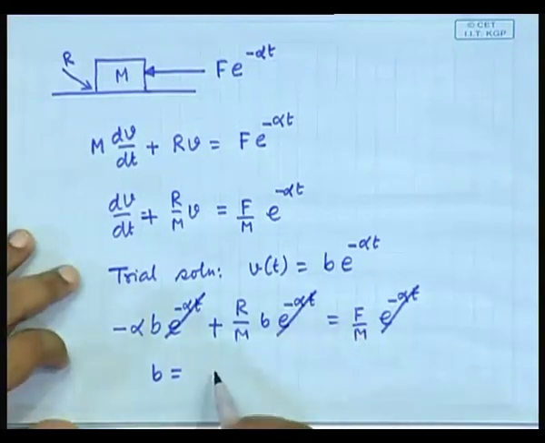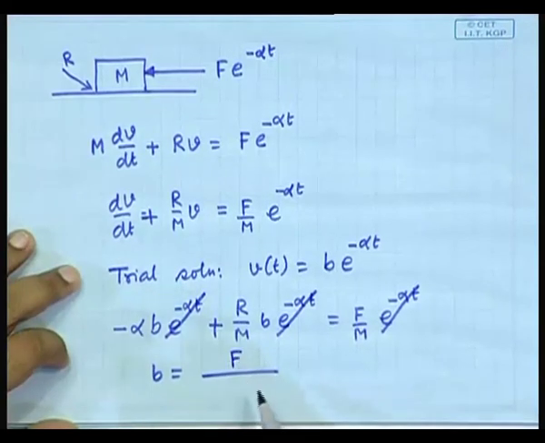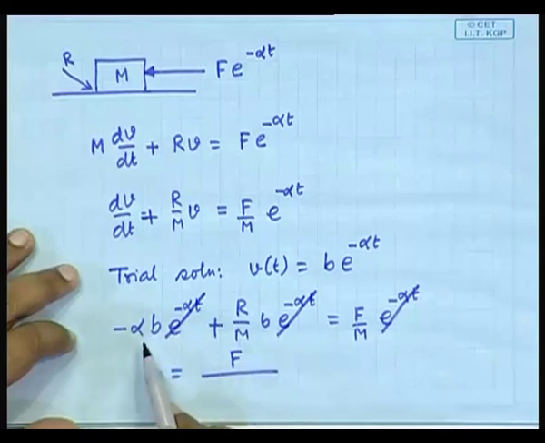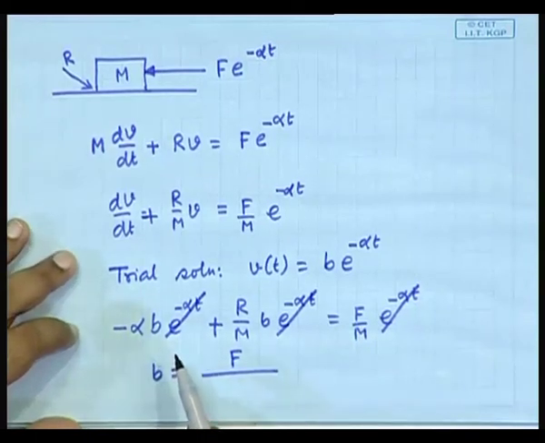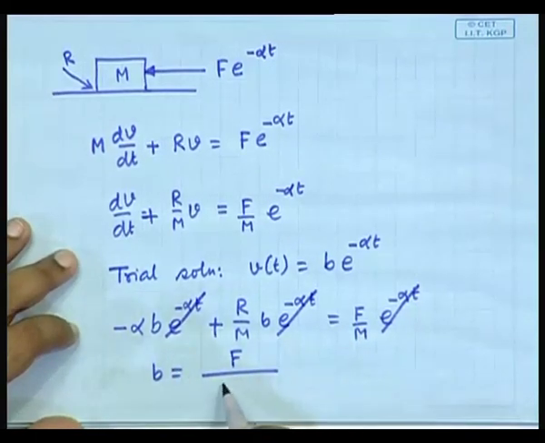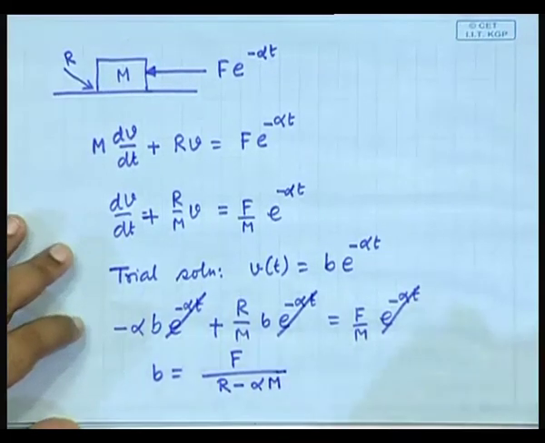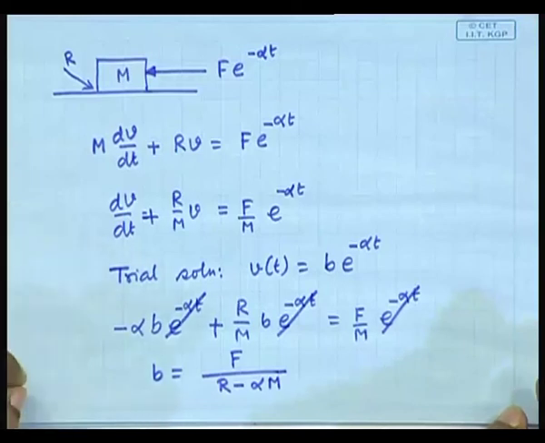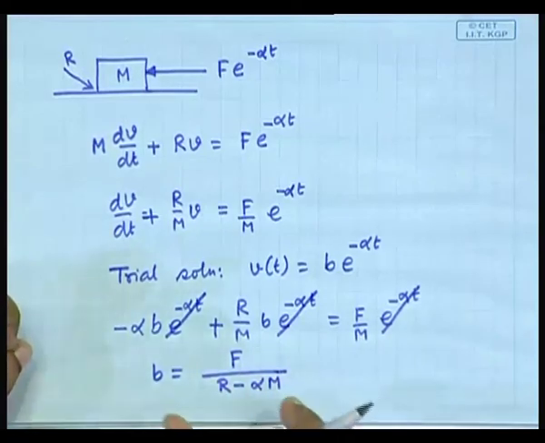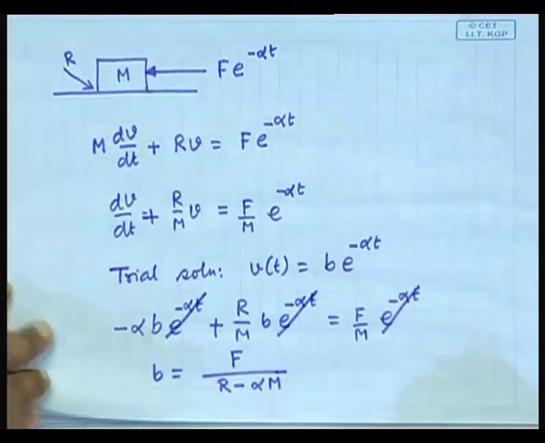B is F by, B comes common, r minus alpha m. Good. Once we have found B, we can obtain the equation right away.